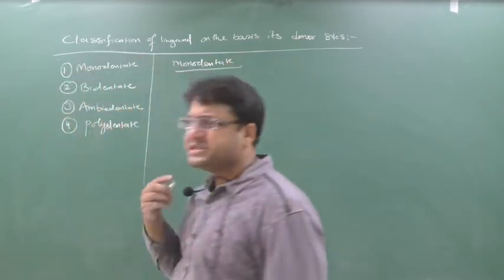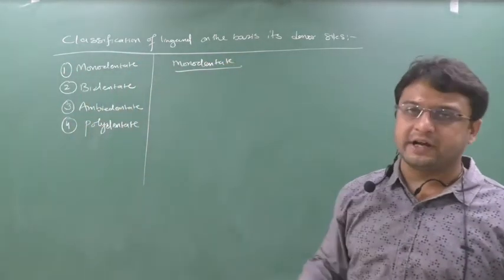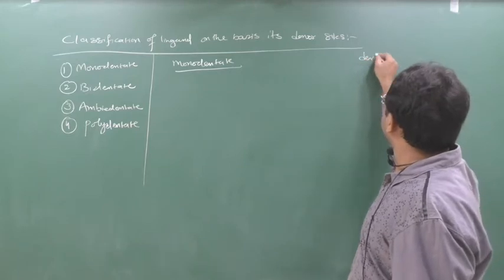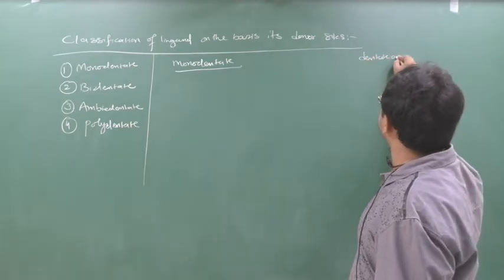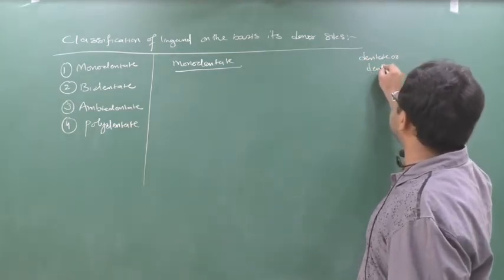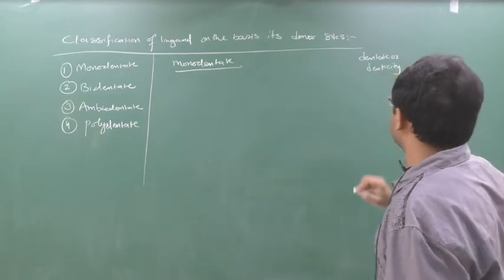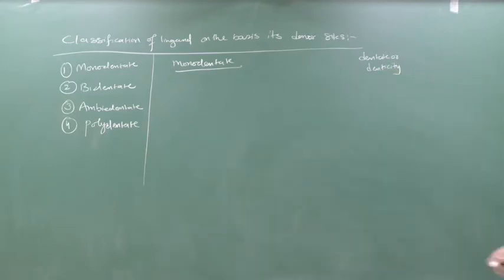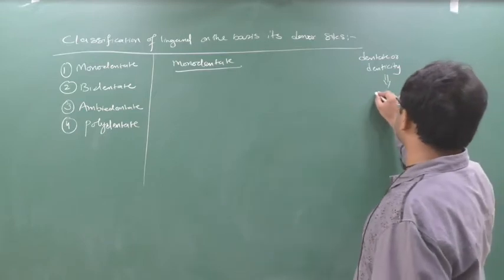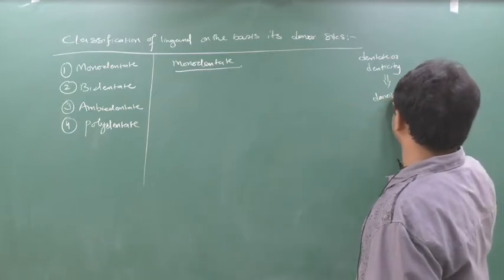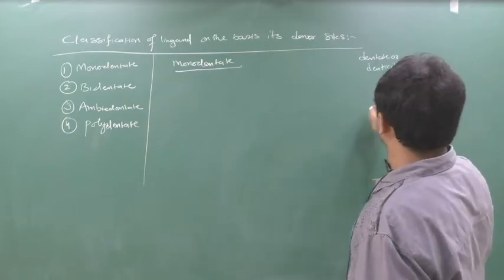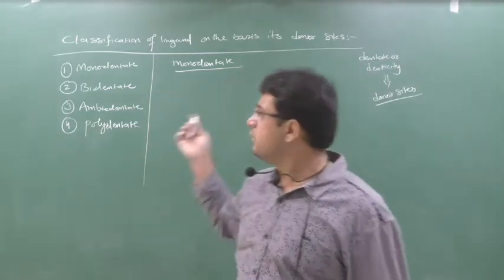Here, dentate means teeth. Teeth means donor site. Dentate or denticity, in your book they have given this also, denticity. So don't get confused. Dentate or denticity is nothing but your donor sites. If there is one donor site, monodentate.